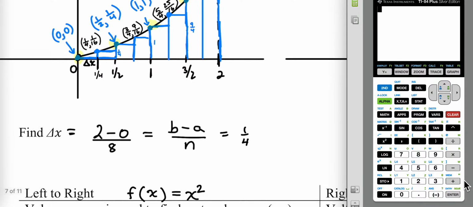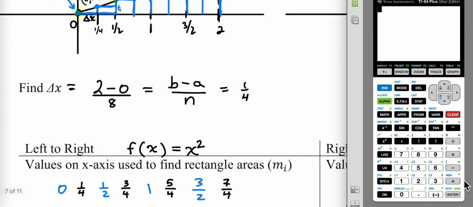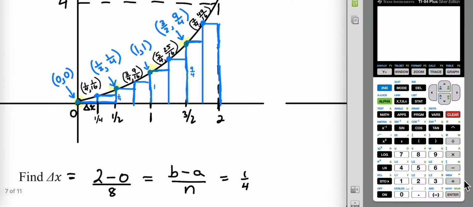So the values that would be important here, if we look at the diagram, and I'll highlight all the relevant ones, would be the 0, the 1/4, the half, the 3/4, the 1, the 5/4, the 3/2, and the 7/4.